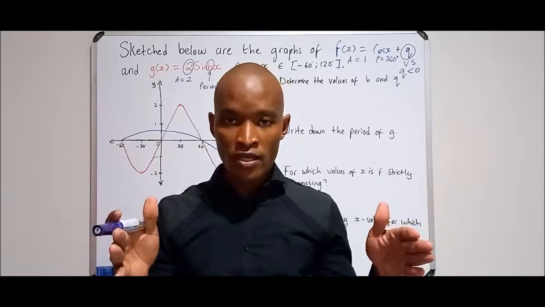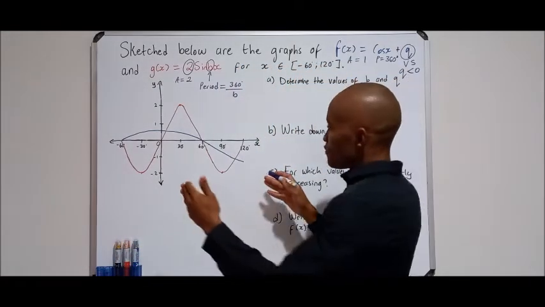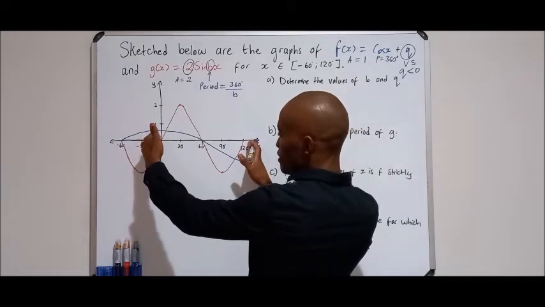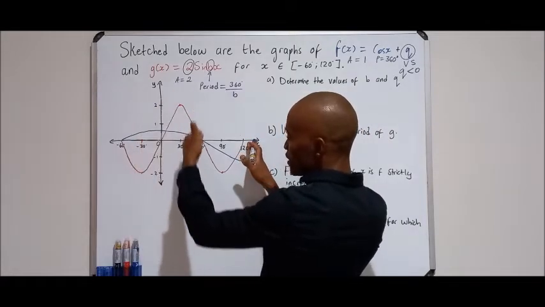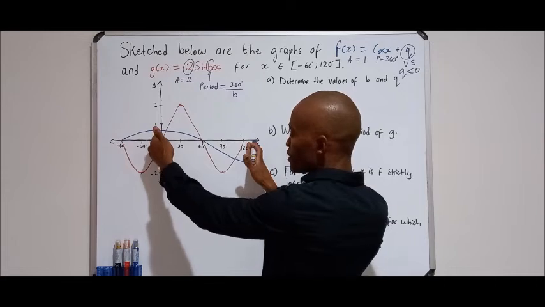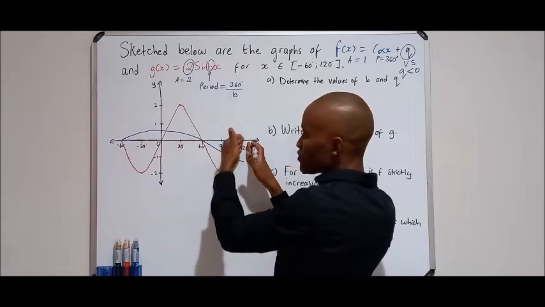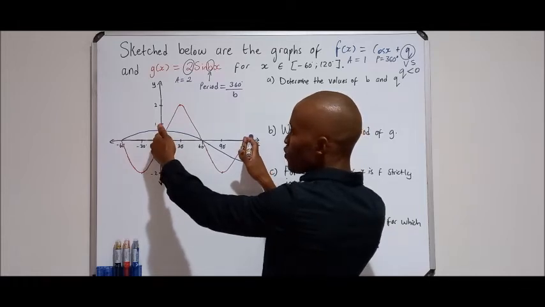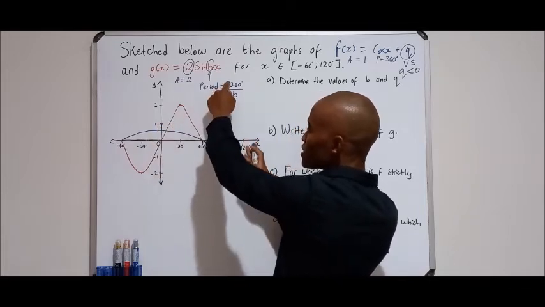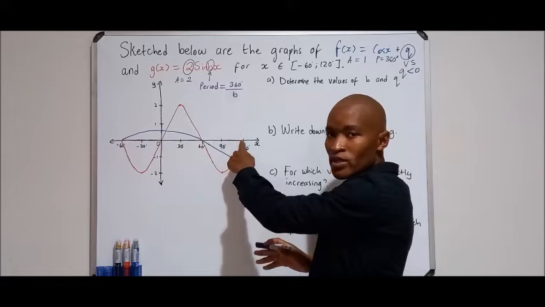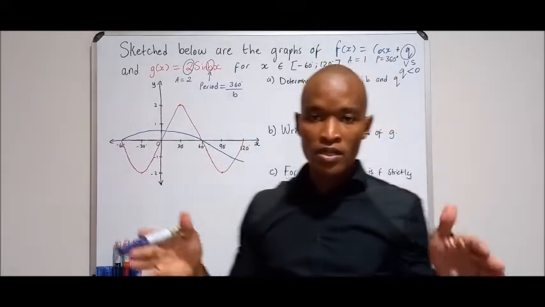However, if you now check the sketch, the full cycle, okay, of this sine graph in red right here is 120 degrees. Okay, goes to maximum, goes to minimum, comes back to equilibrium. So it is 120 degrees. So from 360 to 120 degrees, what has happened?